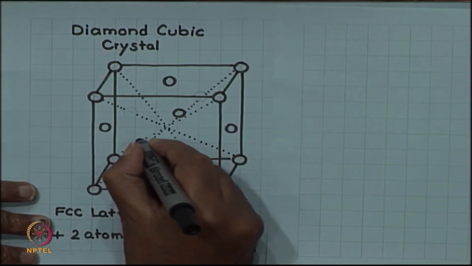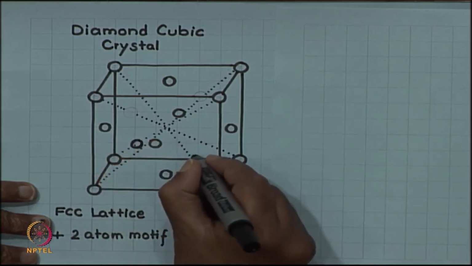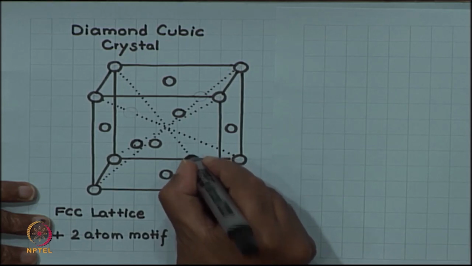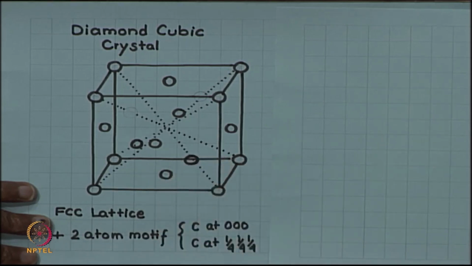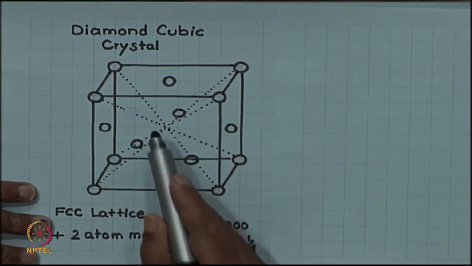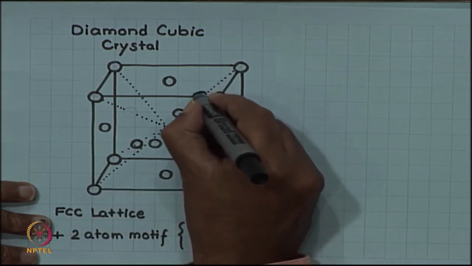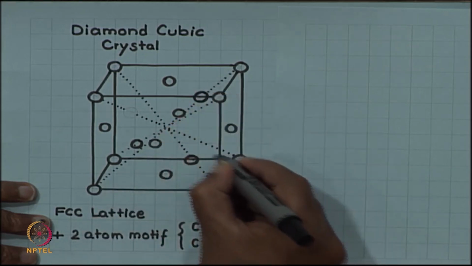There is a carbon atom on this body diagonal, and another on this body diagonal. On 2 body diagonals, the carbon atoms are 1/4 up from the bottom. On the other 2 body diagonals, the carbon atoms are 3/4 up from the bottom.